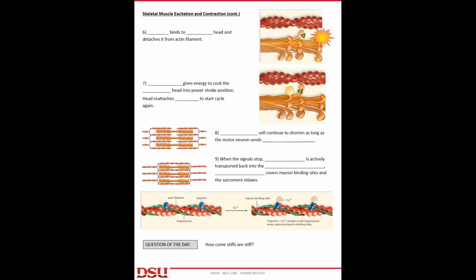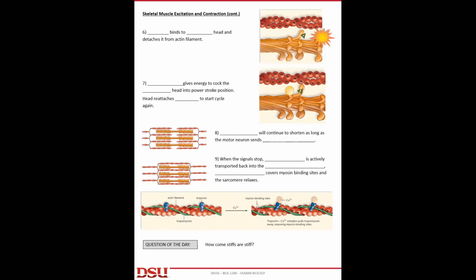When that needs to end, ATP binds to the myosin head to break up the relationship between the actin and the myosin, okay? The ATP is converted to ADP in breaking up this relationship, which puts the actin and the myosin back into a position to start another power stroke.